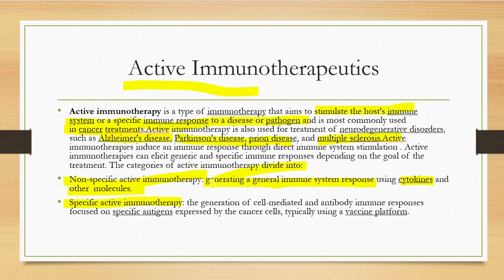While specific active immunotherapy generates cell-mediated and antibody immune responses focused on specific antigens expressed by the cancer cells, typically using a vaccine platform. So in specific active immunotherapy, specific antigens and specific immune responses are generated, but in non-specific active immunotherapy, general immune responses are generated.